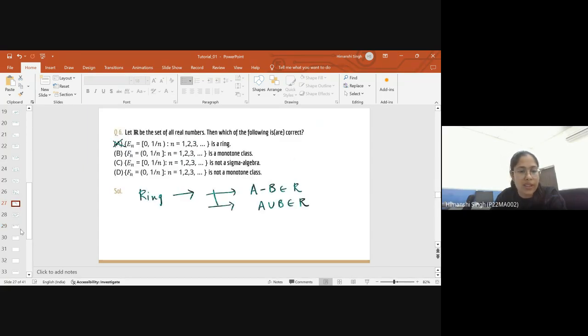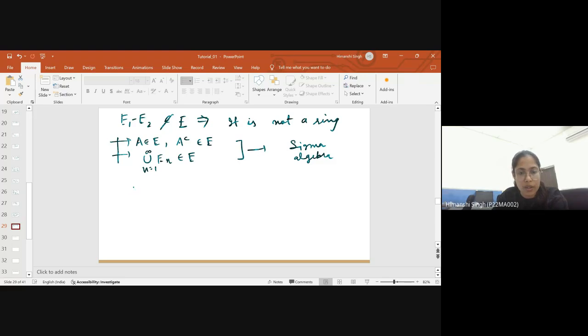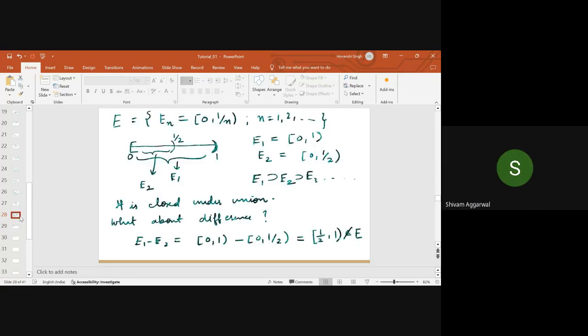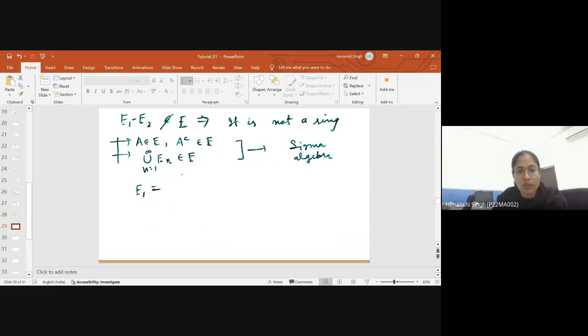Let's consider the element E1, which was 0 to 1, closed 0 and open 1.